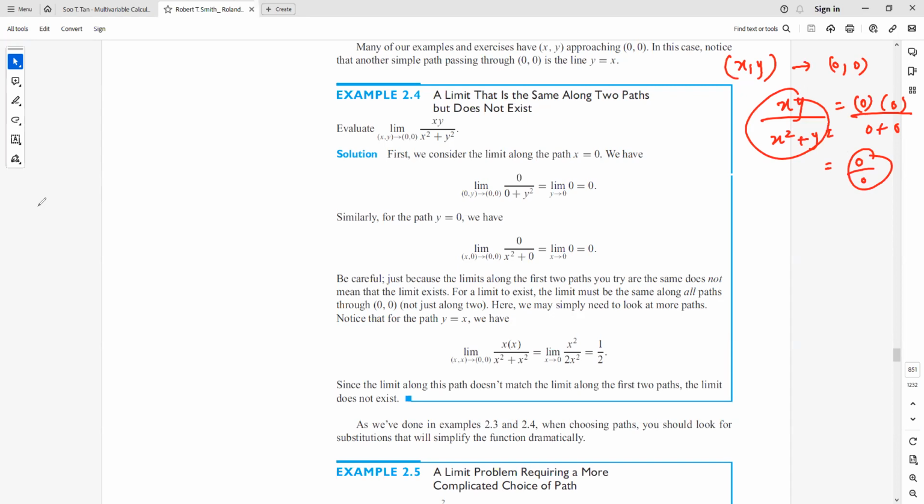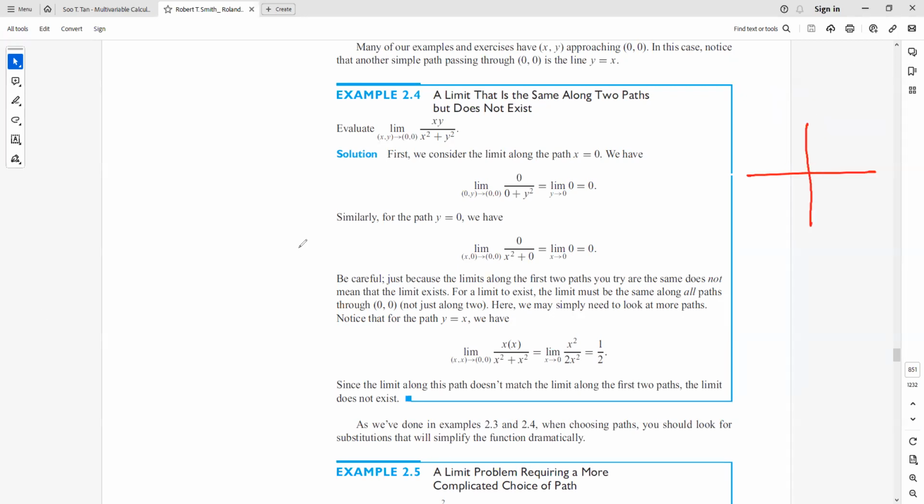First of all, we know that the point (0, 0) is the origin. Now we can approach this point from different paths. We can approach from this path, that is y equals 0. We can approach from this path where x equals 0.